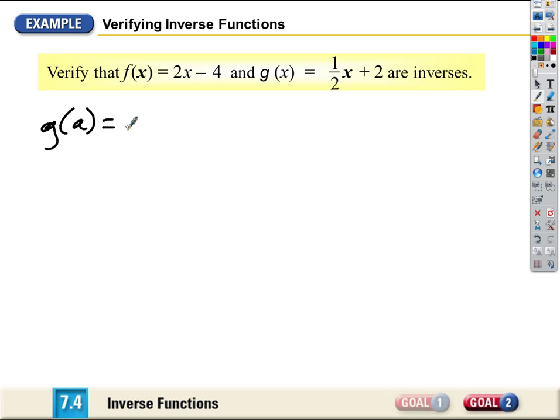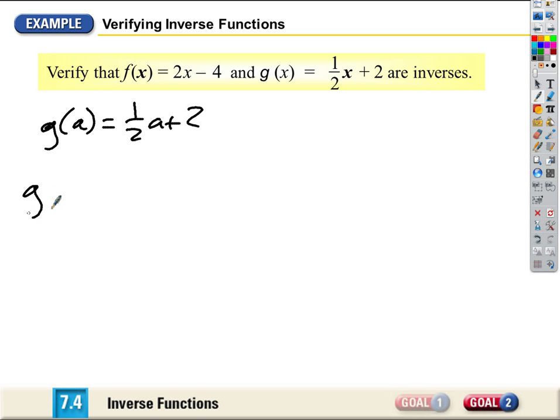Remember, a function is just a machine that tells you what am I doing to the inputs. If I input something, call it x, it looks like I'm just multiplying that thing by 1/2 and then adding 2. So g of a would be 1/2 a plus 2.